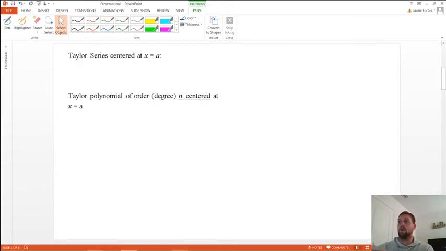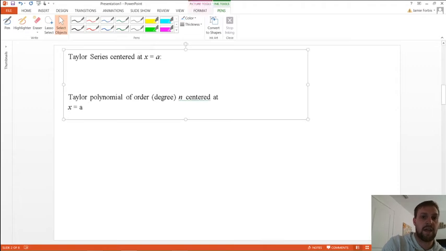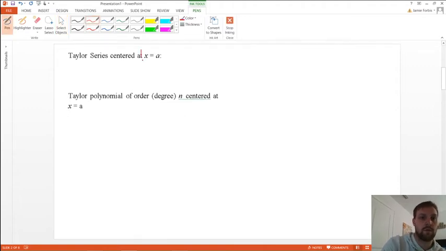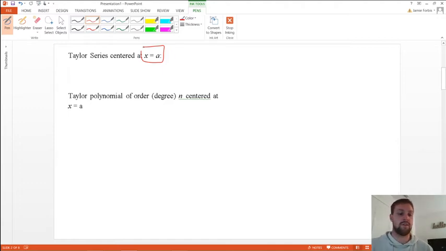All right, just to give a definition of what we just came up with. A Taylor series centered at x equals a. No longer is it x equals 0, it's x equals a. The series is going to look very similar, but instead of zeros everywhere, it's going to be an a.